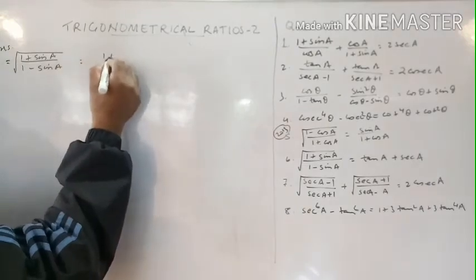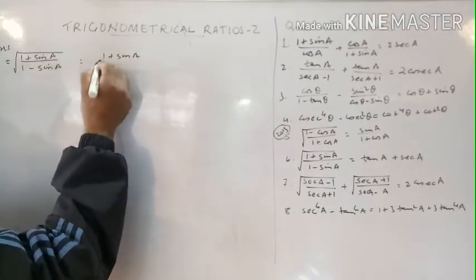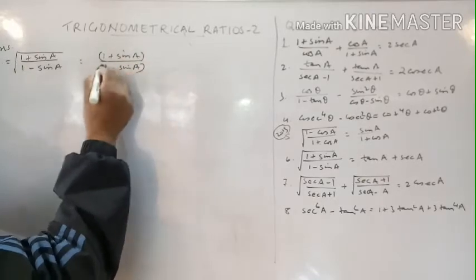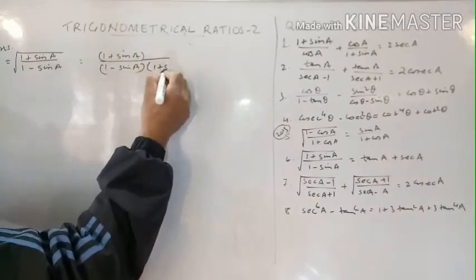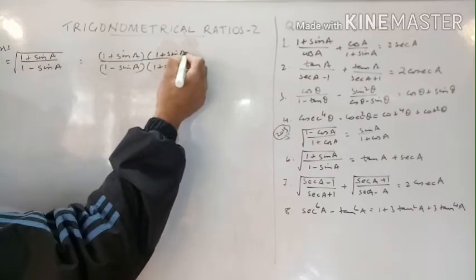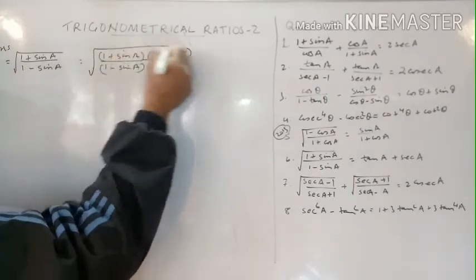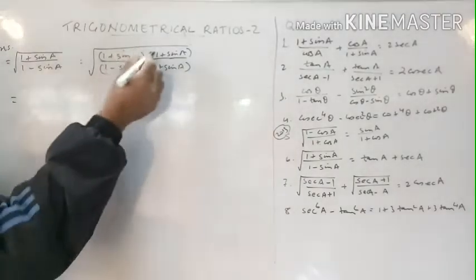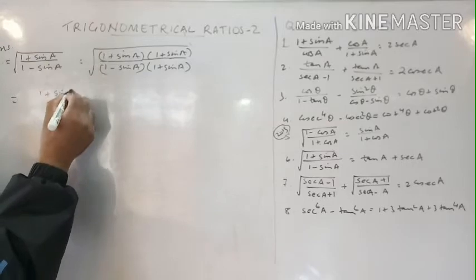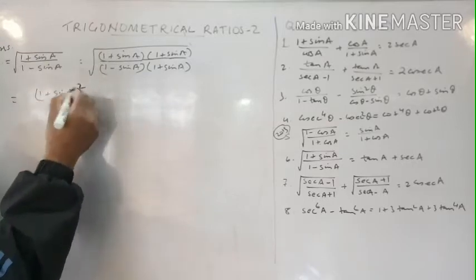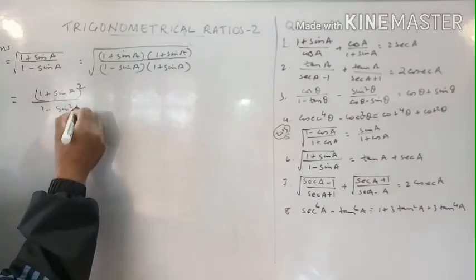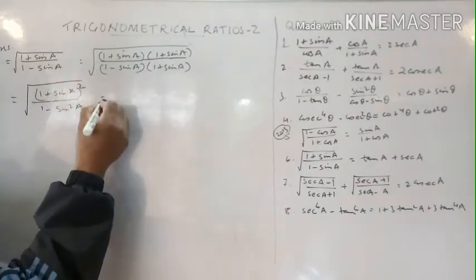So we write this as root over 1 plus sin A upon 1 minus sin A into, now we multiply by the opposite sign, 1 plus sin A upon 1 plus sin A here. This will give you 1 plus sin A into 1 plus sin A is 1 plus sin A whole square as in the previous sum, and here A plus B into A minus B, so 1 minus sin square A. We are using A square minus B square formula.